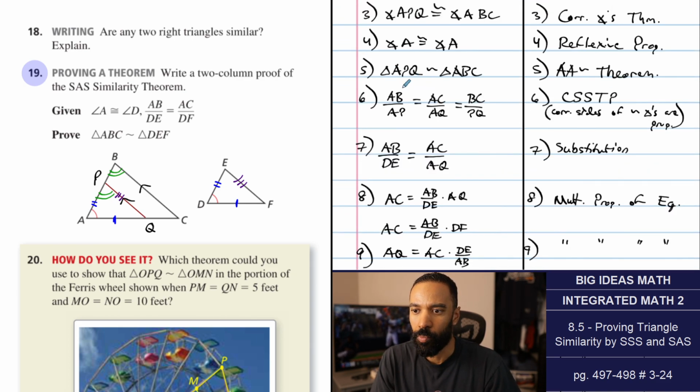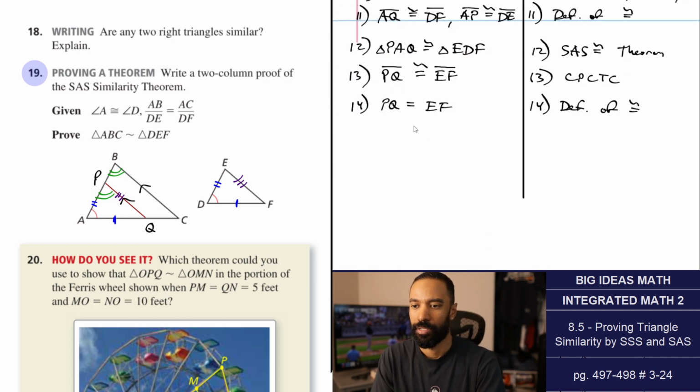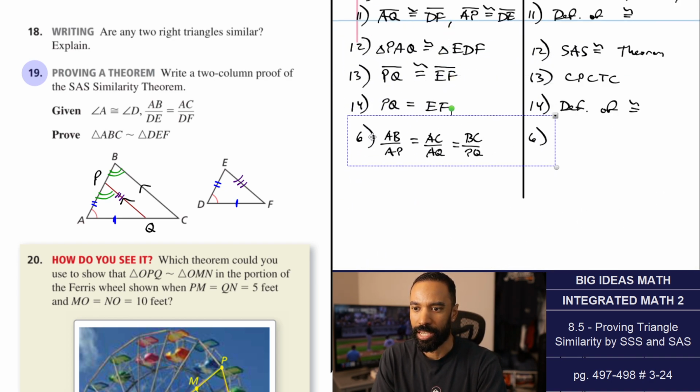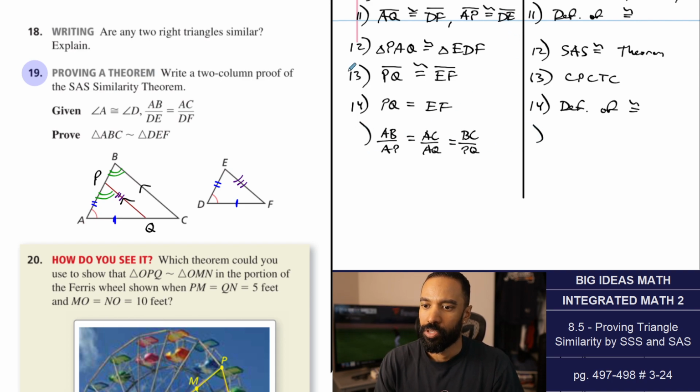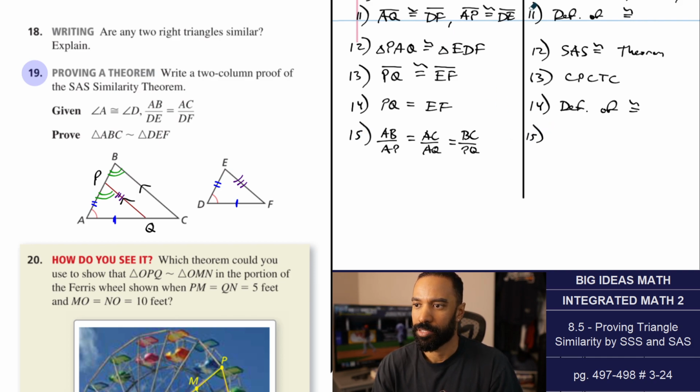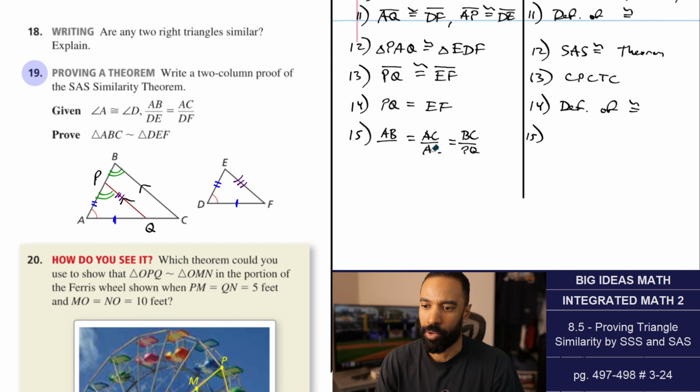So let me copy this statement down here. I'll get rid of the sixes, and let's substitute those in there. So this will be a substitution of the bottom parts. Now that we know those lengths, we're going to use side-side-side similarity on this.